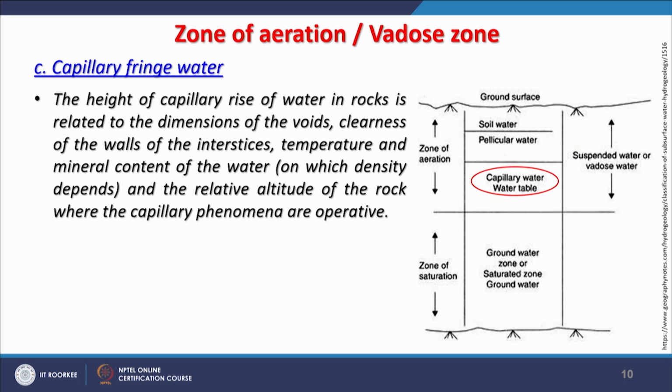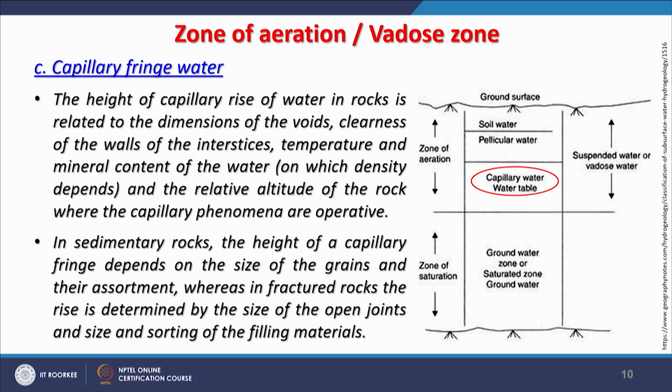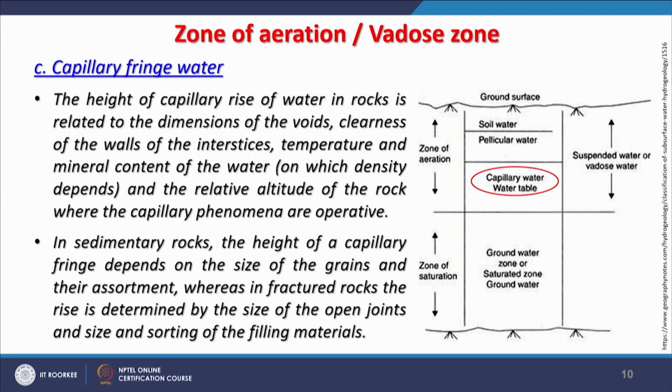The density of course depends, and also the relative altitude of the rock where the capillary phenomena are operating. Generally in a low lying area, this phenomenon may occur in a large way, whereas in higher areas within the same area it may occur in a lesser manner. In sedimentary rocks, the height of capillary fringe depends on the size of grains. If it is fine grained, there are chances of capillary action.